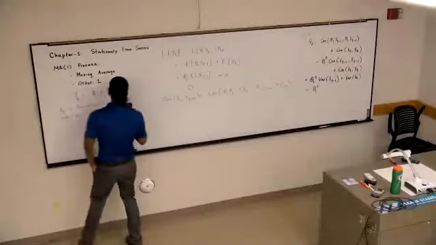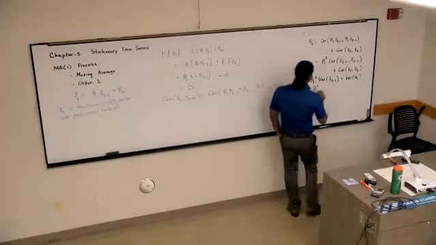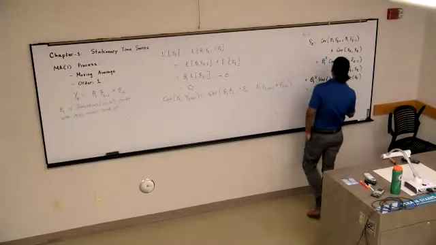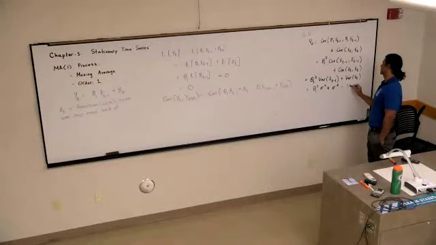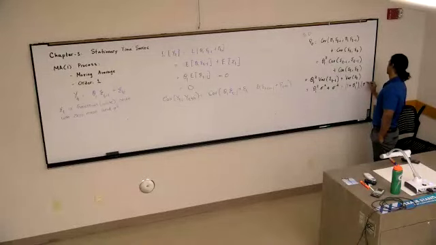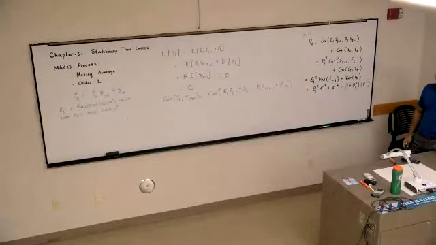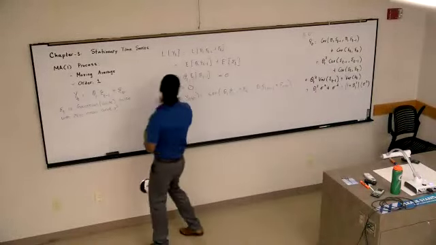Let's not put 1, we'll keep it as sigma squared. Variance of epsilon t is also sigma squared. So we will have 1 plus theta 1 squared multiplied by sigma squared. What did we just find? We found, can I erase this?